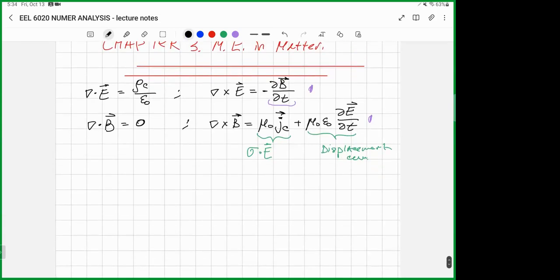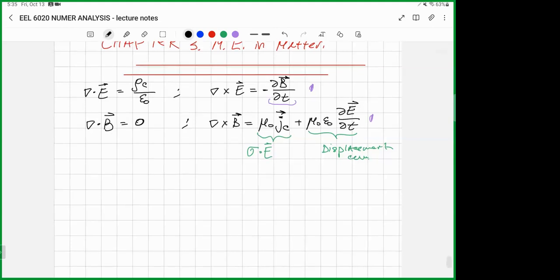And now we discuss how these Maxwell equations and how the electromagnetic field change as it comes to any sort of materials.